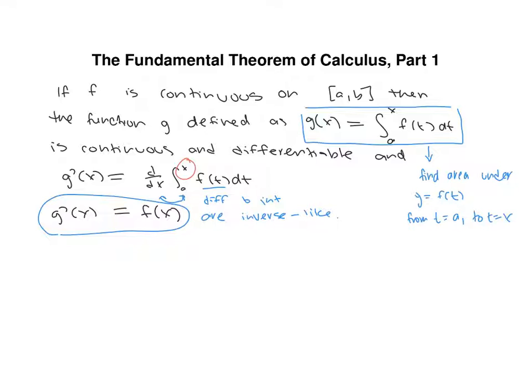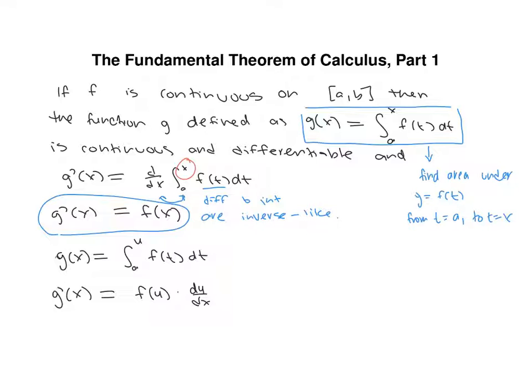Okay, let's do one more thing and then we'll move on to the second part, which is used much more frequently. If your function g of x is, say, the integral from a to u of f of t dt, then g prime of x is equal to f of u times du dx.